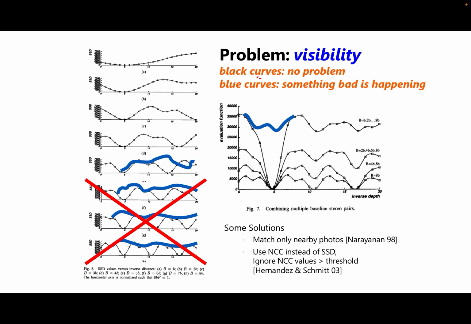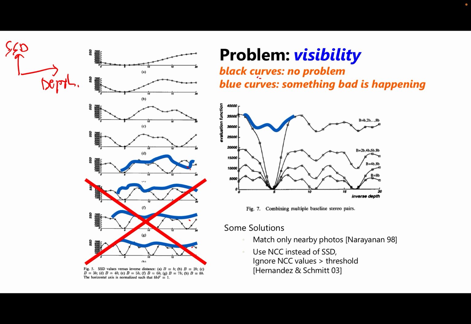That is the problem. So here we have multiple graphs. Let's ignore this blue part. Then there's no problem, because as you can see, the y-axis is SSD, and for all graphs, the x-axis is depth.